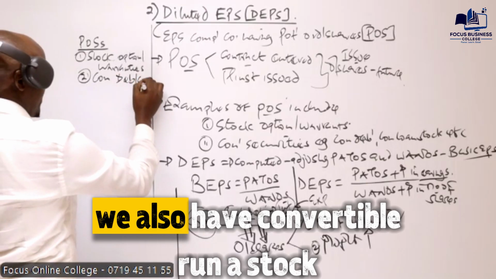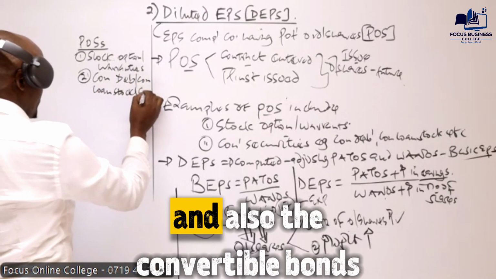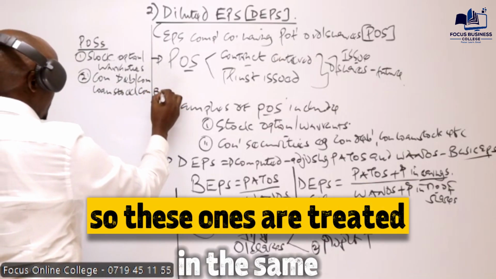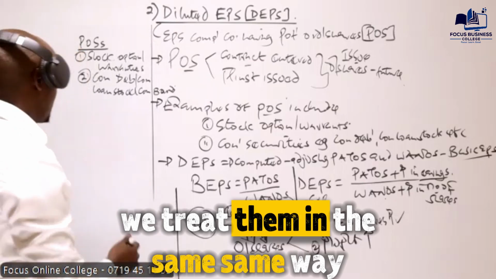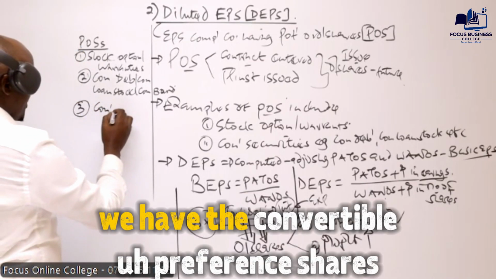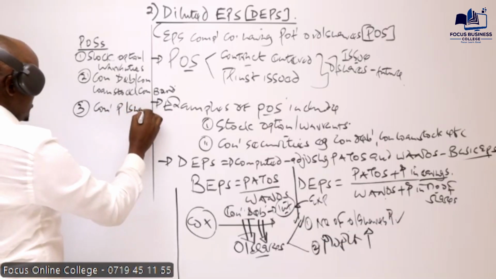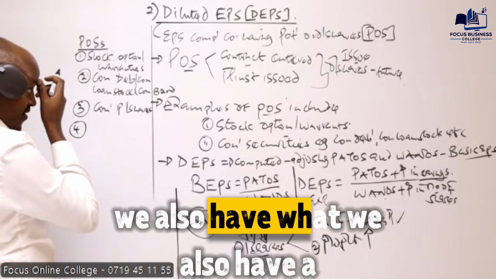We also have convertible loan stock, and also the convertible bonds. These ones are treated in the same way in the computation of diluted earnings per share. And then number three, we have the convertible preference shares.